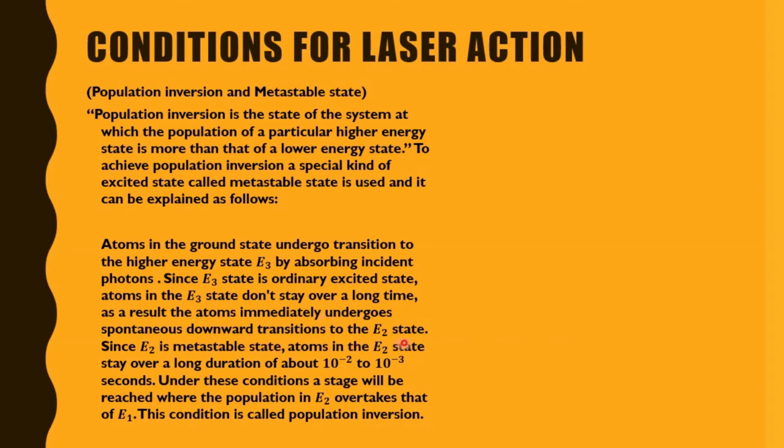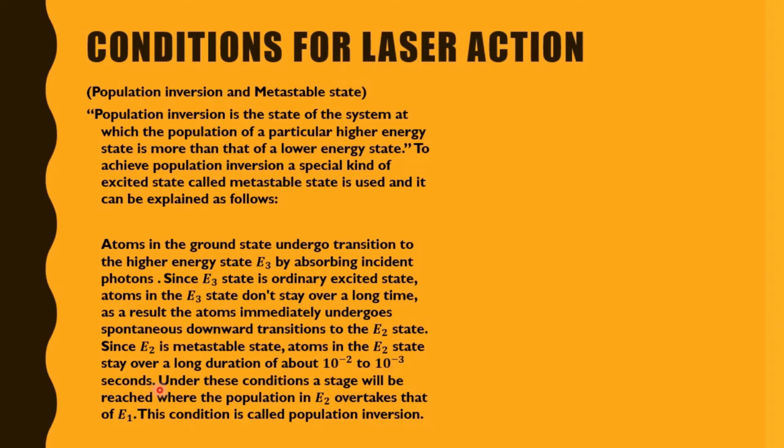atoms in this E2 stay over a long duration, because we already know that in the excited state the atoms' duration is less, from 10 to the power minus 8 to 10 to the power minus 9 second, but in a metastable state it can stay a very long time, like 10 to the power minus 3 seconds. So the longest duration here is from 10 to the power minus 2 to 10 to the power minus 3 seconds.